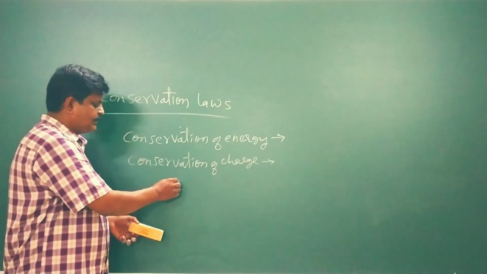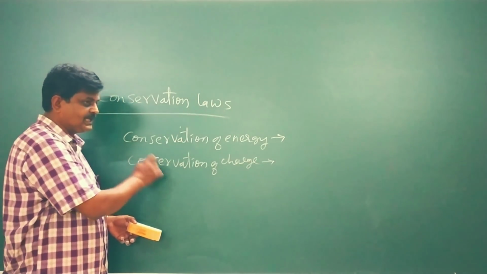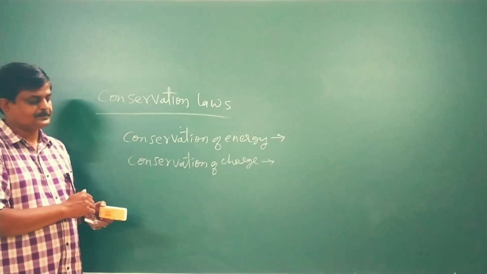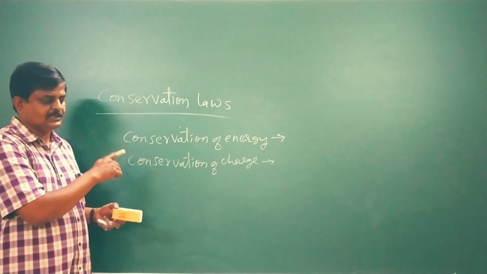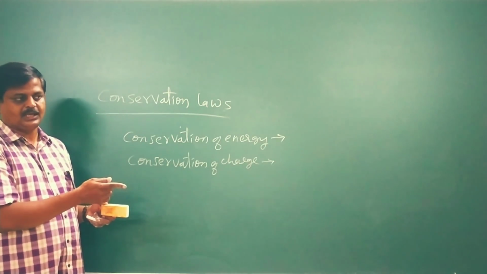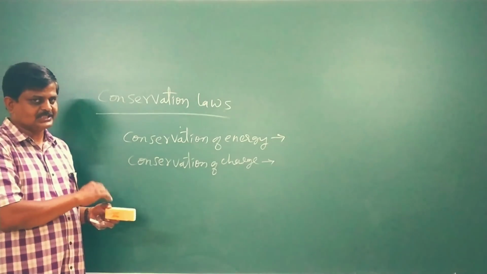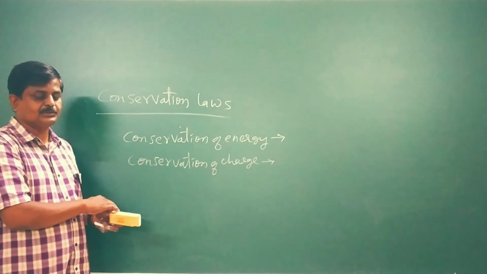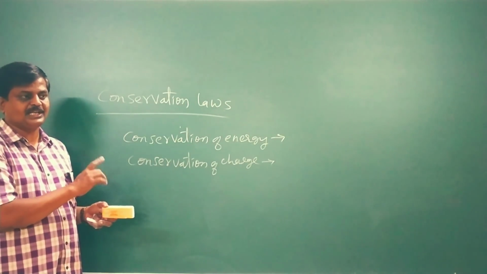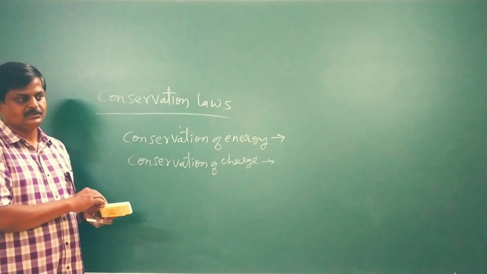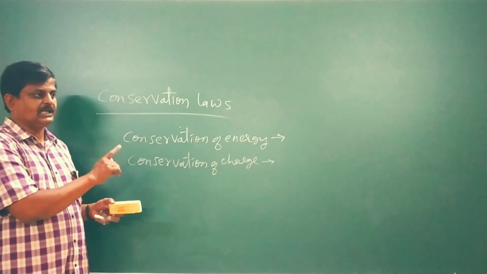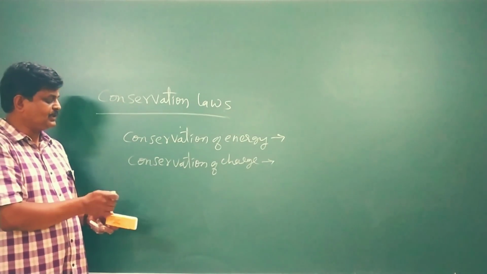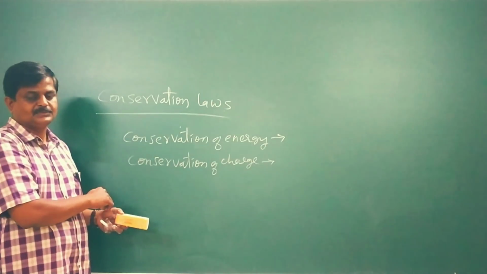For example, when a glass rod is rubbed against silk, I think you might have studied electrostatics in earlier sessions, the glass rod loses electrons, so it acquires a positive charge. Silk gains electrons so that it acquires a negative charge. But actually nobody has lost, nobody has gained. What actually happened? The glass rod transferred its electrons to silk. That illustrates the conservation of charge.